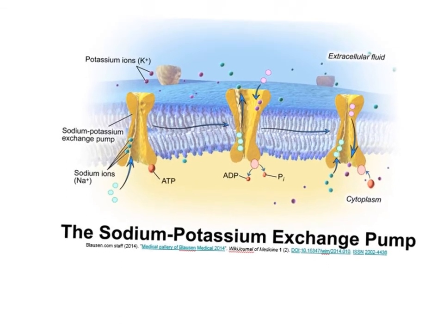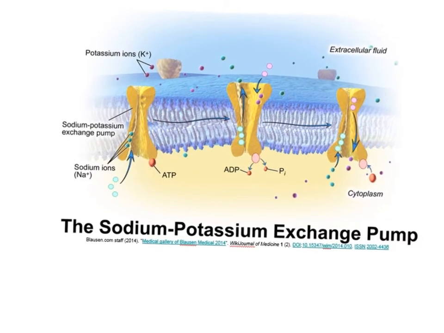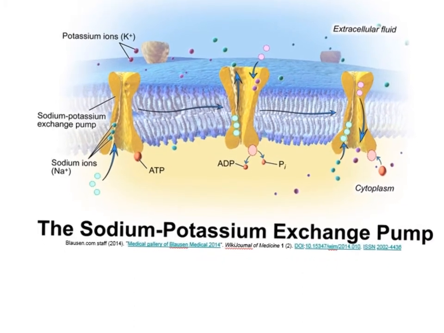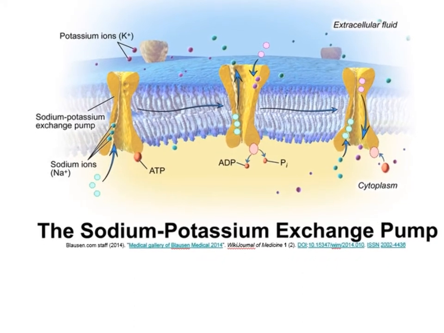So let's really quickly take a look at the sodium-potassium pump. We have our sodium-potassium pump, sodium-potassium exchange pump, or ATPase pump. Any of those works for this. On the left-hand side, we have our sodium ions.